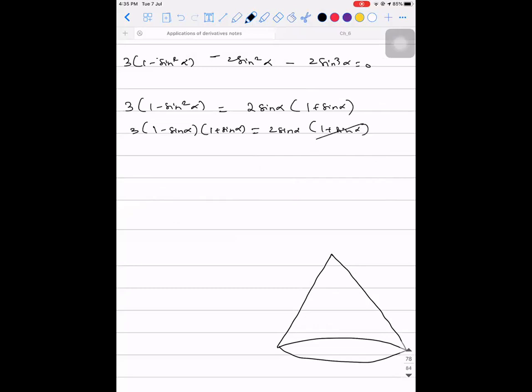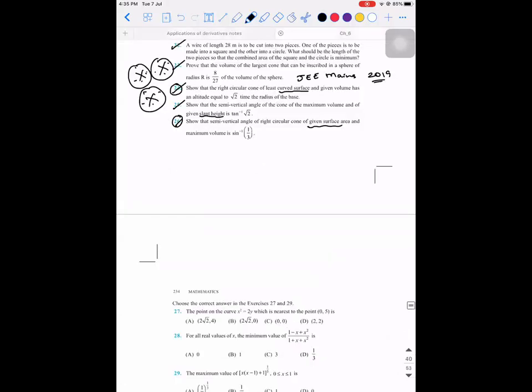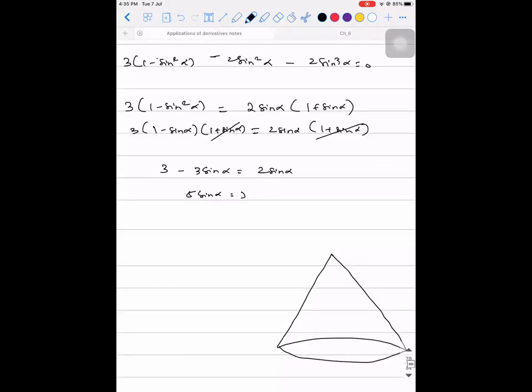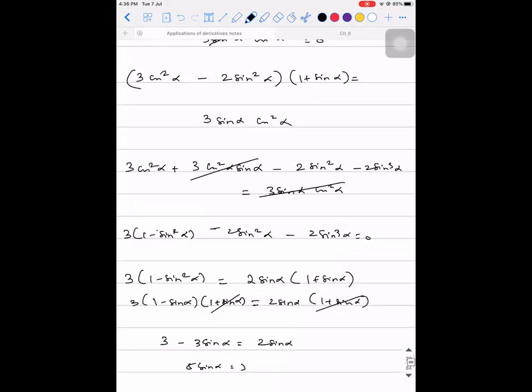So we can cancel this and this. So 3 minus 3 sine alpha is equal to 2 sine alpha. So 5 sine alpha is equal to 3. But they asked us to prove sine alpha is sine inverse of 1 by 3, no? We are getting 3 by 5. Can you just go through the calculation once again in your notes?